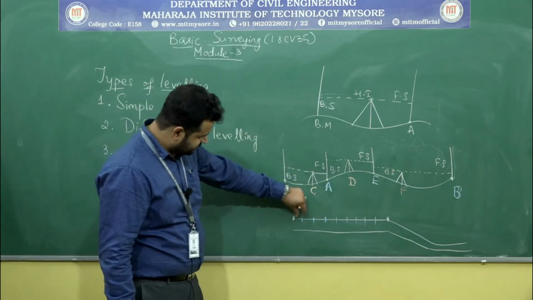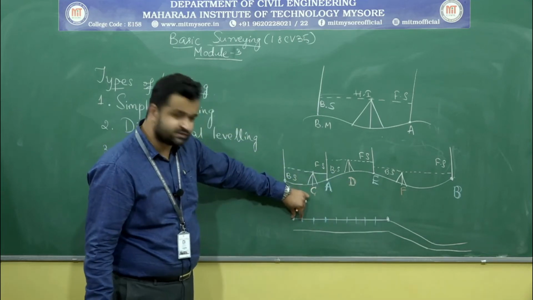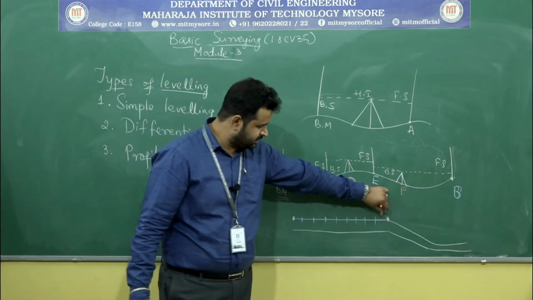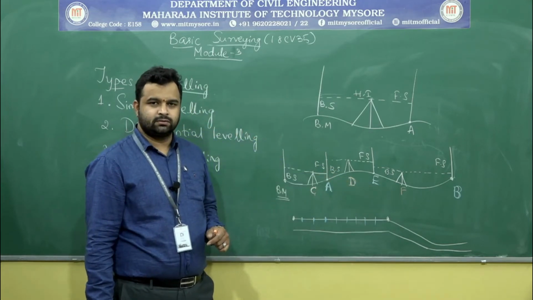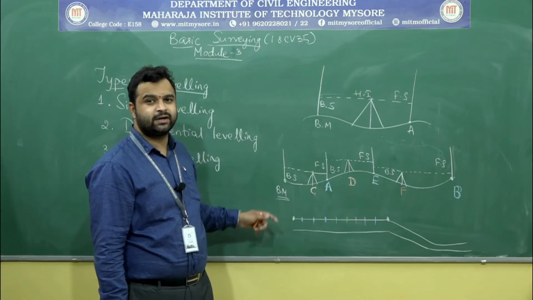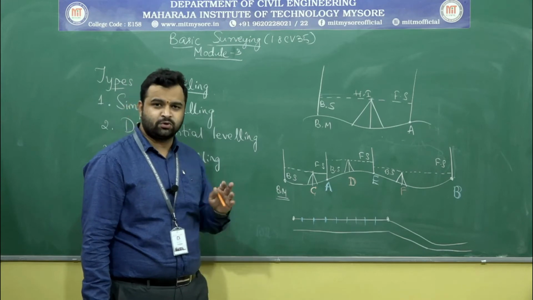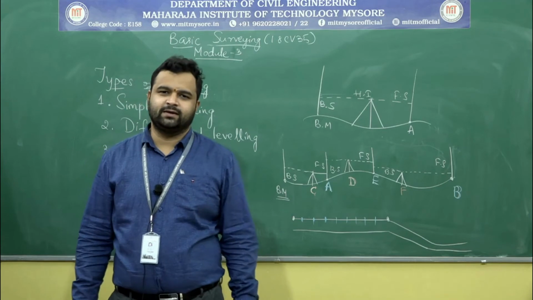Each interval will be of the same distance. So, if this distance is 5 meters, it will be 5 meters throughout. This is nothing but profile leveling. This is also called longitudinal sectioning.